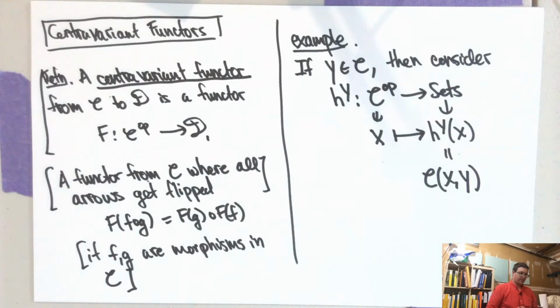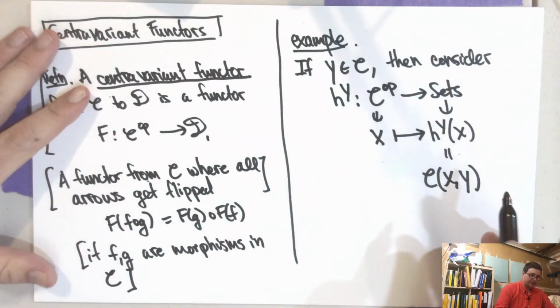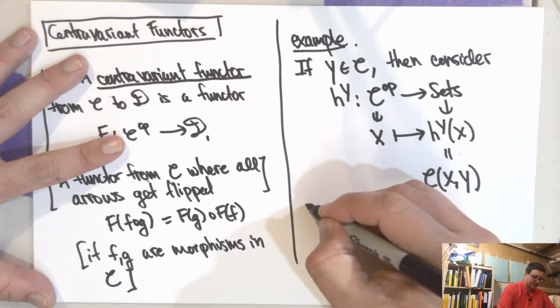Now we need to show that this is contravariant. So the contravariance is here.